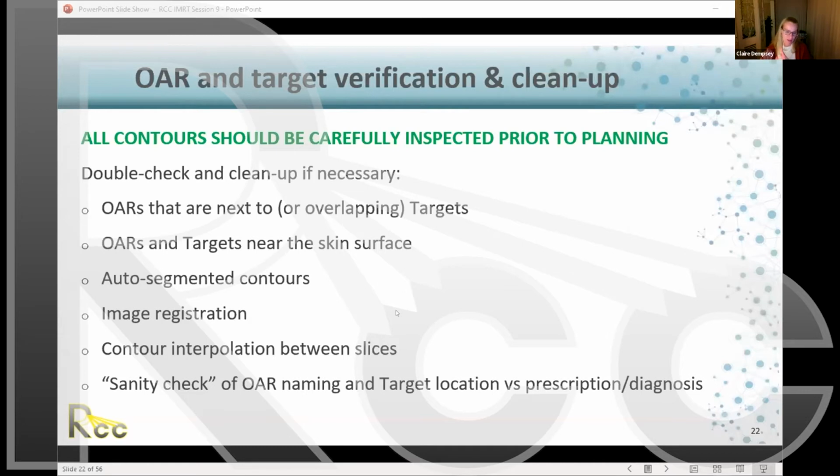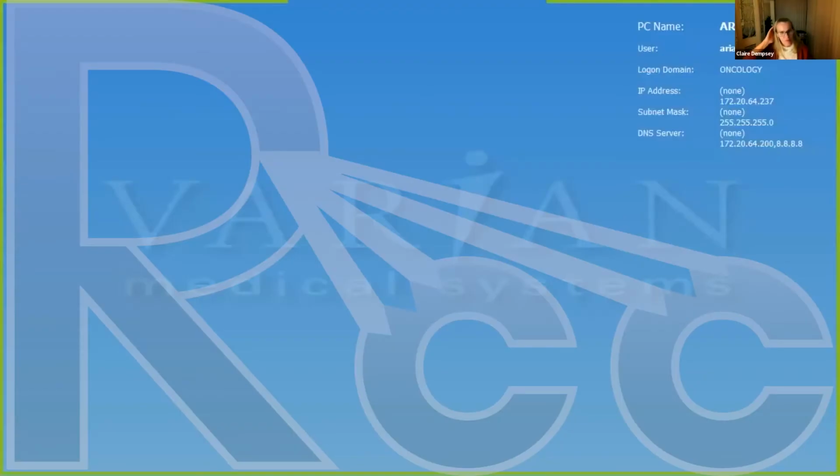So if our radiation oncologist has written a prescription for upper left lobe of the lung and they've contoured the lower right lobe, it's time for a conversation about where is our target? What are we trying to treat? So you do need to always go back and have a sanity check that your prescription matches what you're doing in the planning system as well. So those things are really important before.